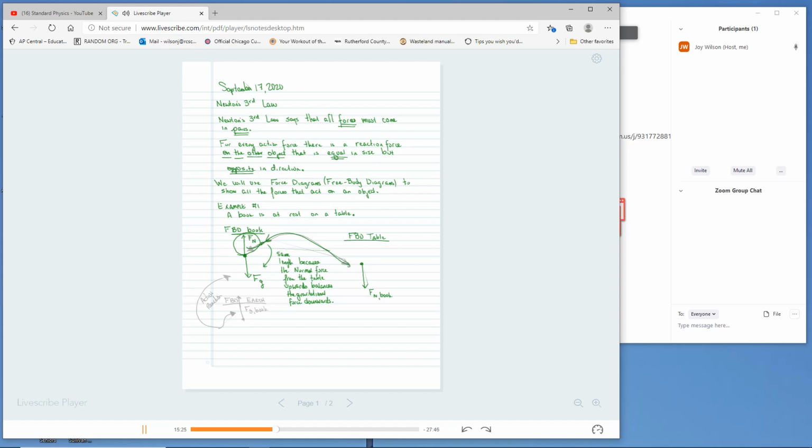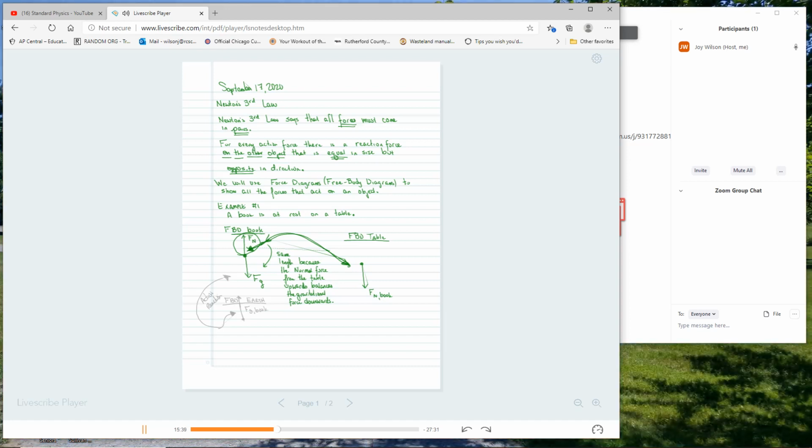These two forces are an action-reaction pair.